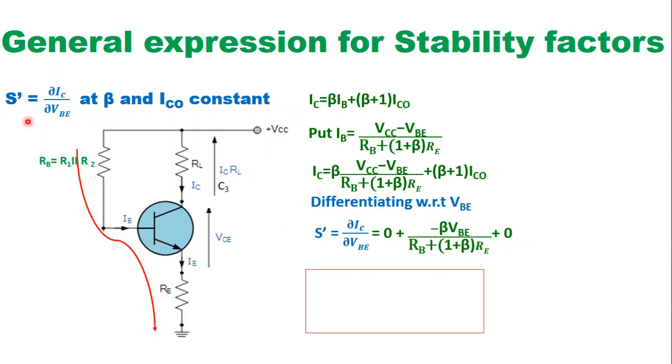Since while deriving S dash beta and ICO are constant, beta plus 1 ICO will become 0, and since beta VCC upon RB plus 1 plus beta RE is constant, this value will also become 0. Therefore, the S dash final equation will be del IC upon del VBE is equal to minus beta upon RB plus 1 plus beta RE.